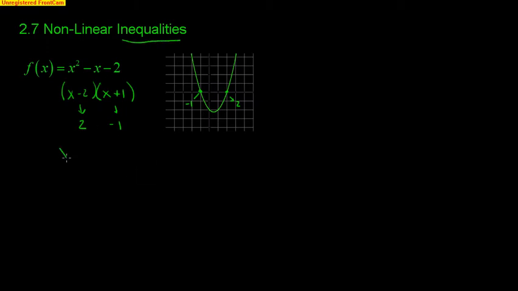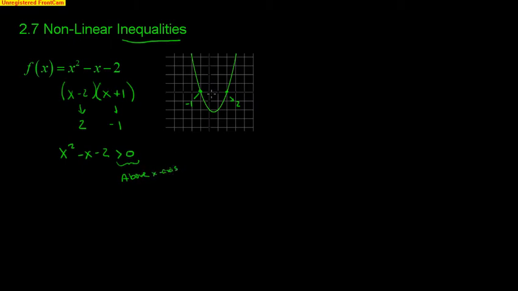Now when we talk about nonlinear inequalities, I don't have any inequalities with this one, but if I were to take x squared minus x minus 2 and set that greater than 0, what that's essentially asking is, where is this parabola greater than 0? Greater than 0 means where are we above the x-axis?